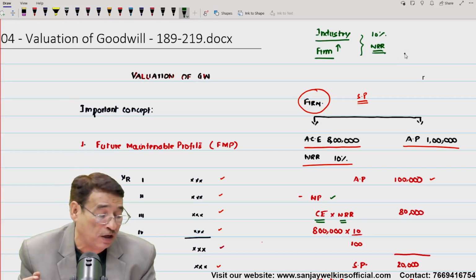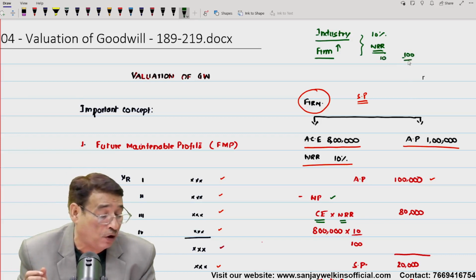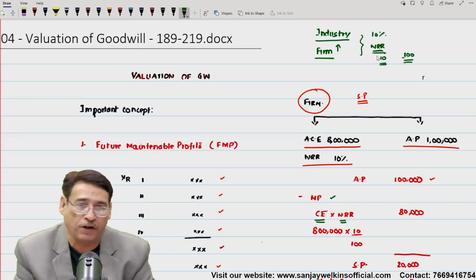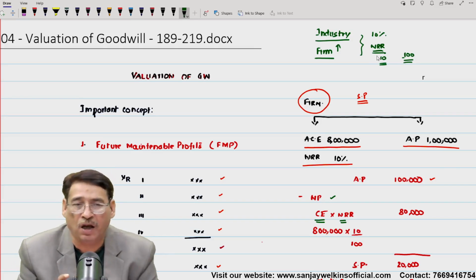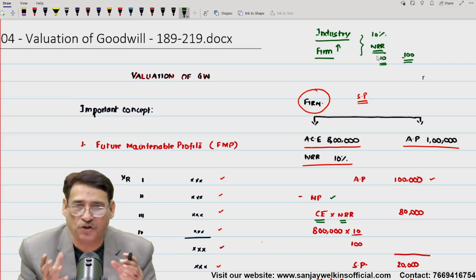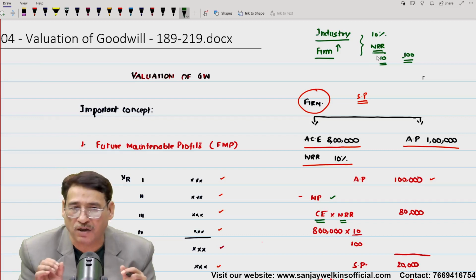It means actually in the industry, all the firms normally get a profit of 10 on the capital of 100. So when we say 10% is normal rate of return, I hope actually you got the meaning now. So normal rate of return signifies basically the general average earning of the firms in the industry. Is it clear to you or not?